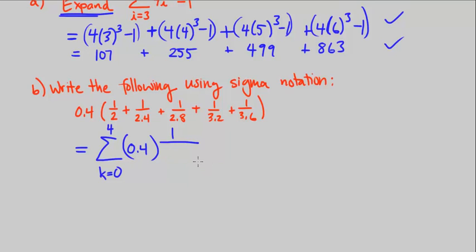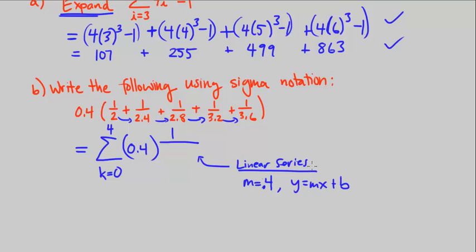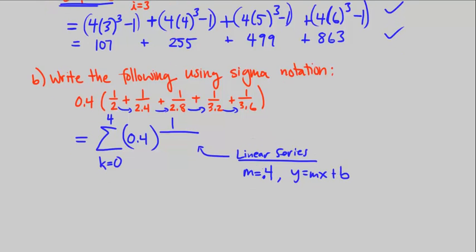That something is going to be a linear series, because we're adding 0.4 every time to get to the next number. That means my slope is 0.4 for the y equals mx plus b line, the linear series.